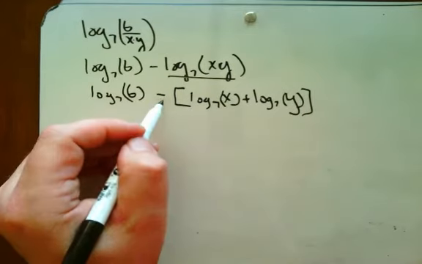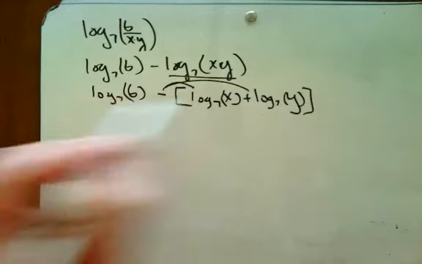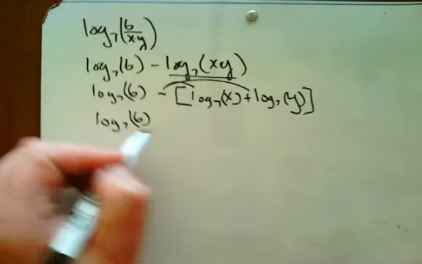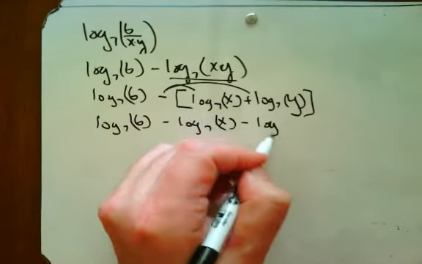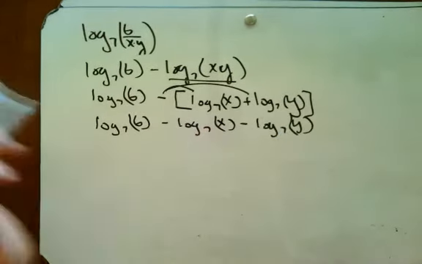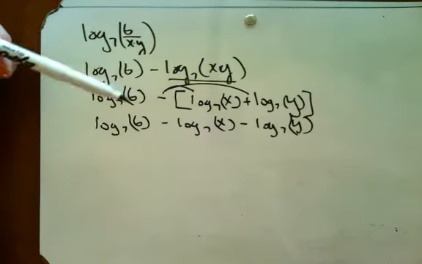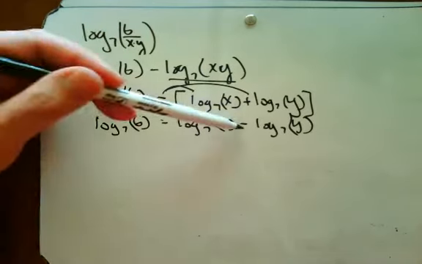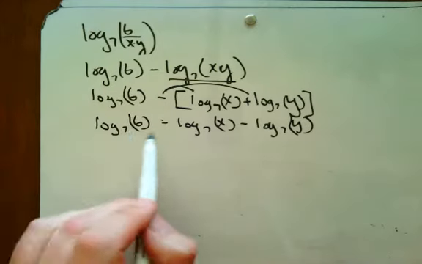And now for this, write log base 7 of 6 minus log base 7 of x plus log base 7 of y. So there is that plus there, but I've also got this minus out in front. That minus is going to need to be distributed. So log base 7 of 6 minus log base 7 of x minus log base 7 of y.